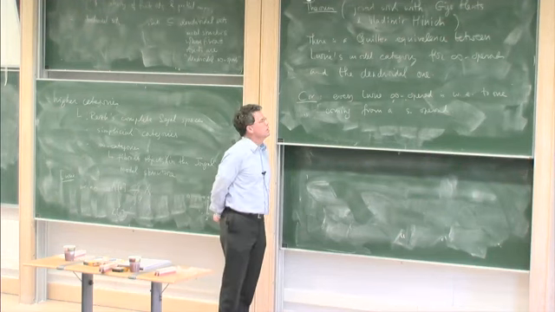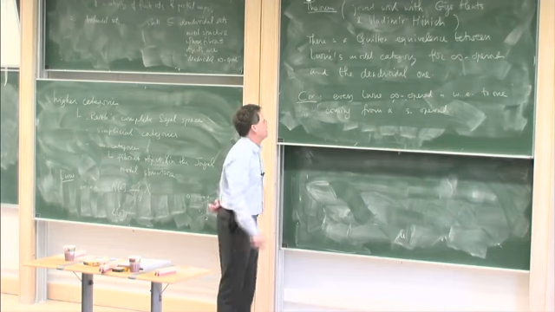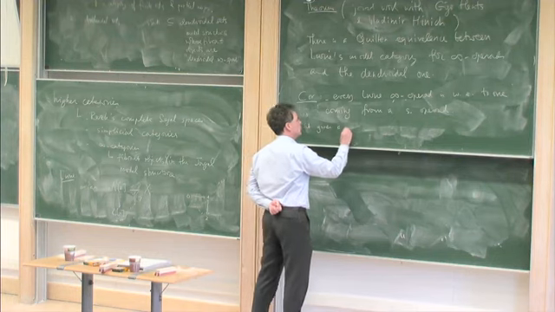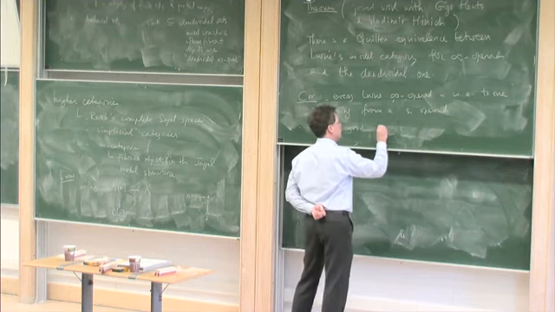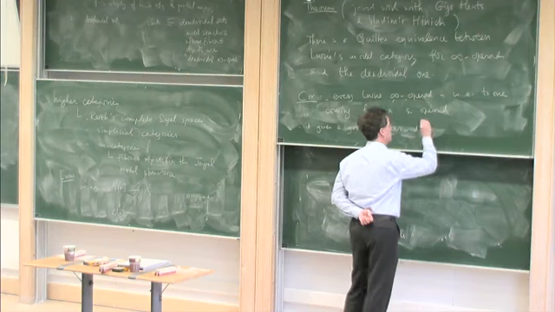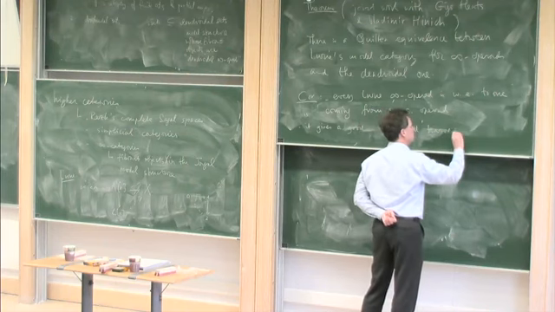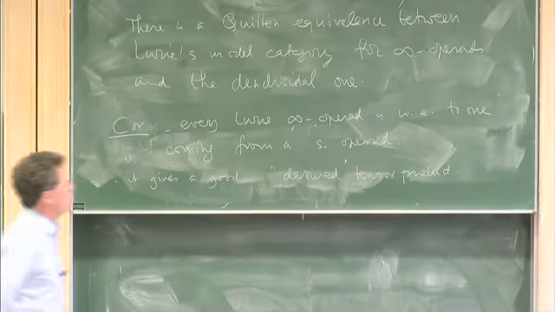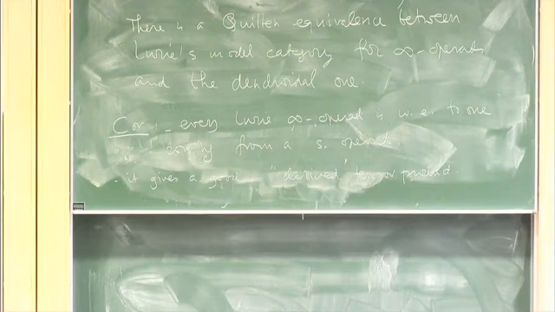The other application related to this is that it gives a good derived tensor product on each of these categories, because the dendroidal model category, which I wrote down somewhere here, is in fact a monoidal model category.